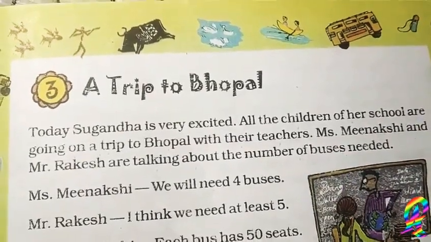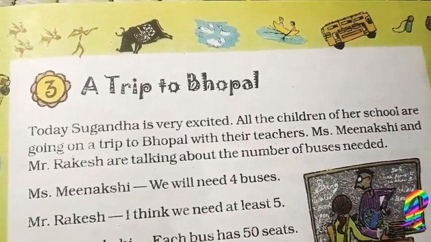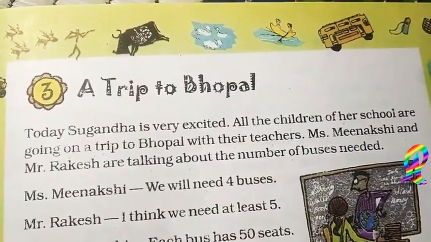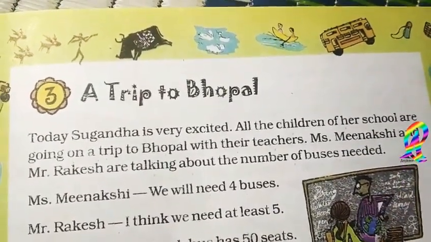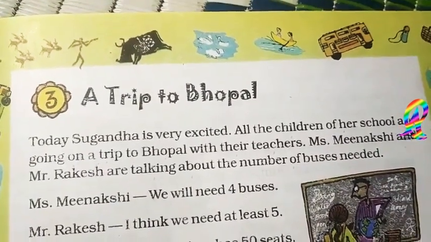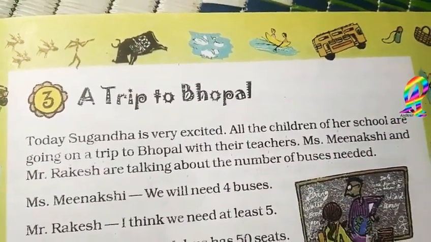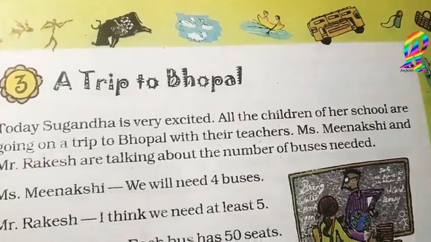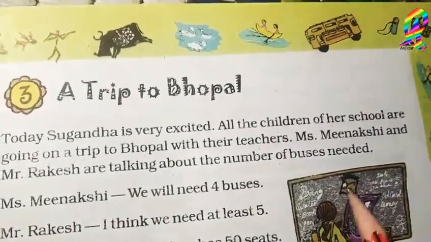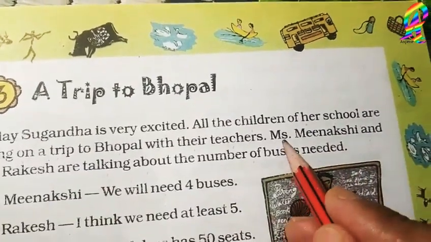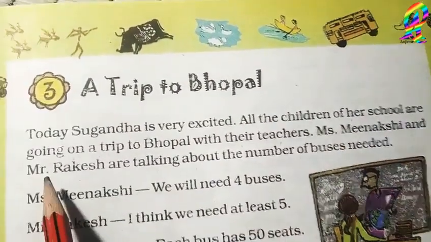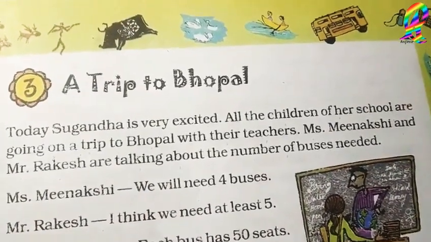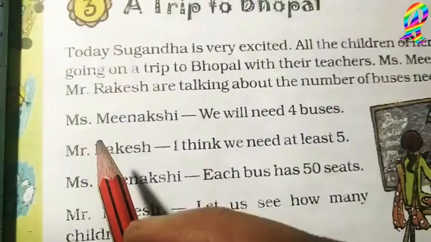It means here is a child whose name is Sugandha, and Sugandha is very excited today because her school is going on a trip to Bhopal, and her teachers Miss Meenakshi and Mr. Rakesh are talking about the number of buses needed.